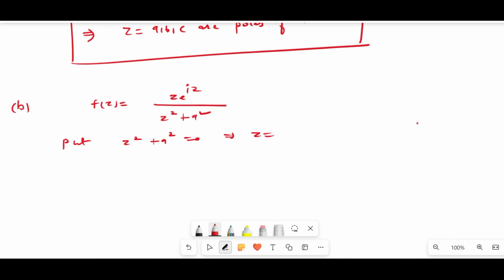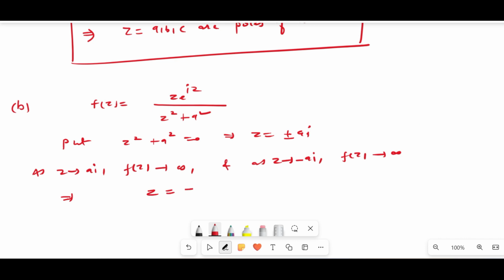It implies the value of z is equal to plus minus ai, and as z tends to ai, f of z tends to infinity, and as z tends to negative ai, f of z tends to infinity. It implies the singularities z equal to plus minus ai are poles.